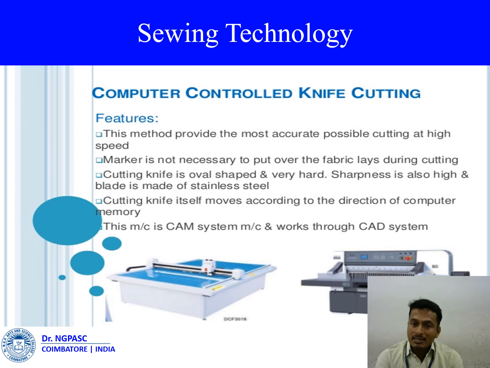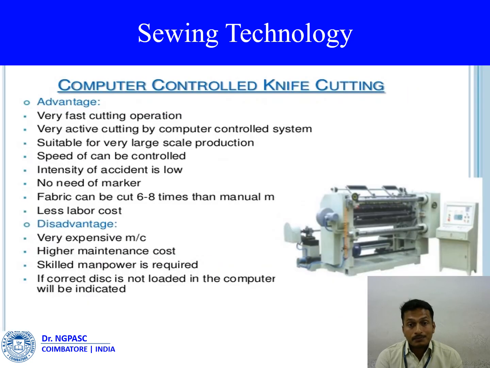The blade is made up of stainless steel. And then the cutting knife itself moves according to the direction of computer memory. As I said, we load the program and the machine automatically starts the working process. This is a CAM system machine, and it works through CAD system methods.